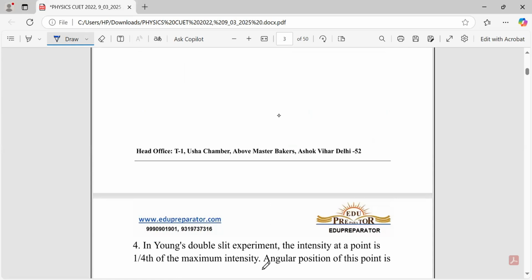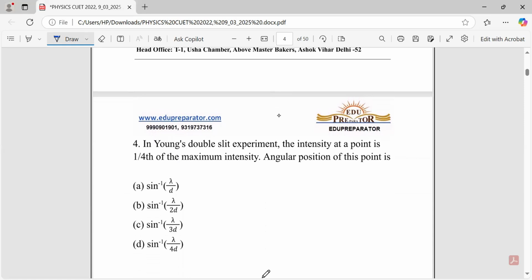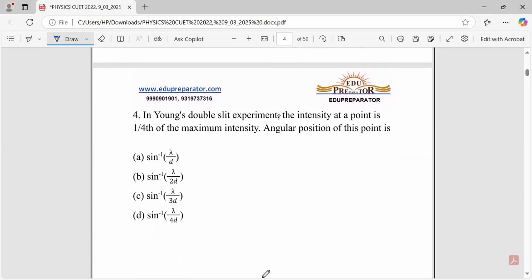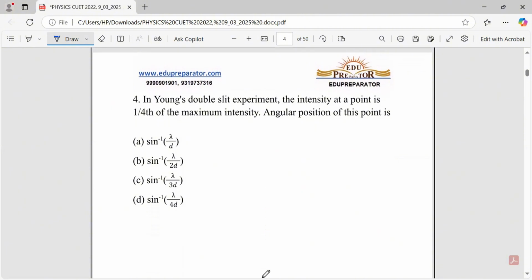Now the question number 4 is based on the concept of intensity. We know the net intensity I is proportional to 4 times the intensity into cos square phi by 2. And the question says the intensity at a point is 1/4 of it.